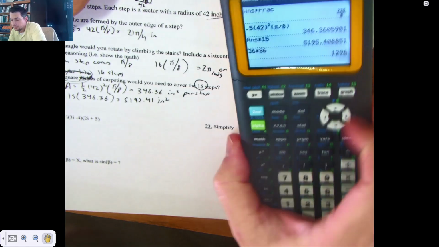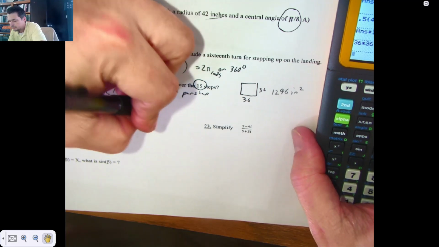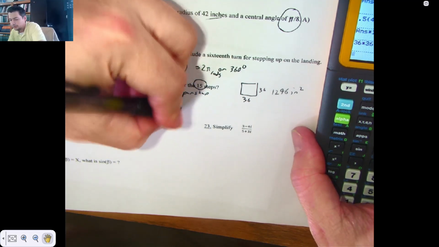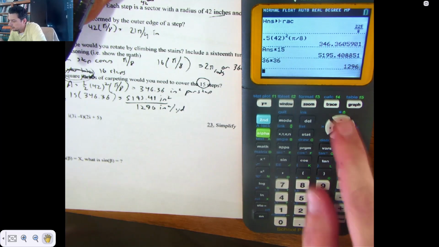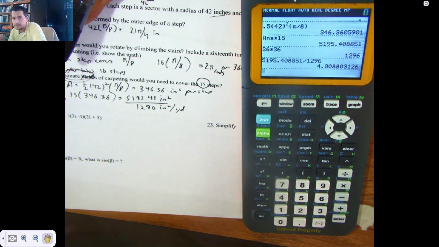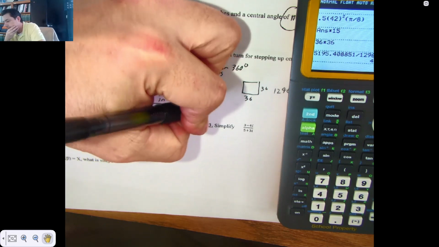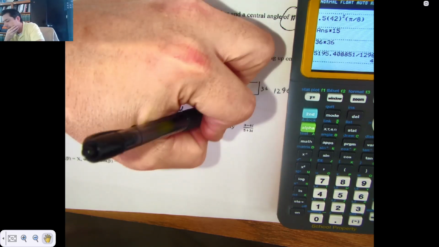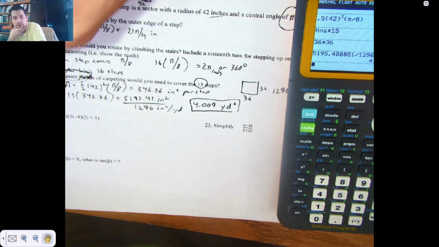So I'm going to divide by 1,296 per yard, and that's going to be my unit conversion. You need a little over 4 yards. It's about 4.009 square yards. So you'd have to buy a little bit more. You'd probably have to buy 5.